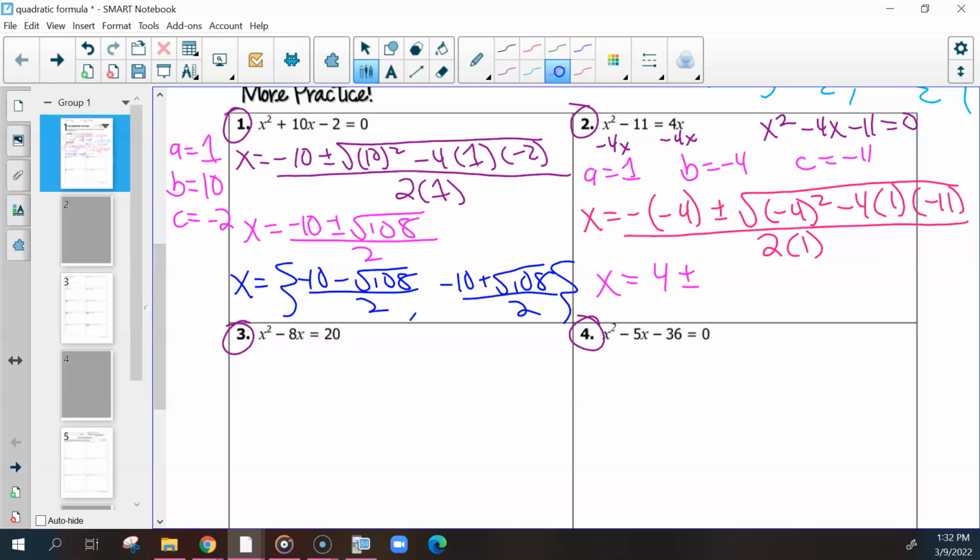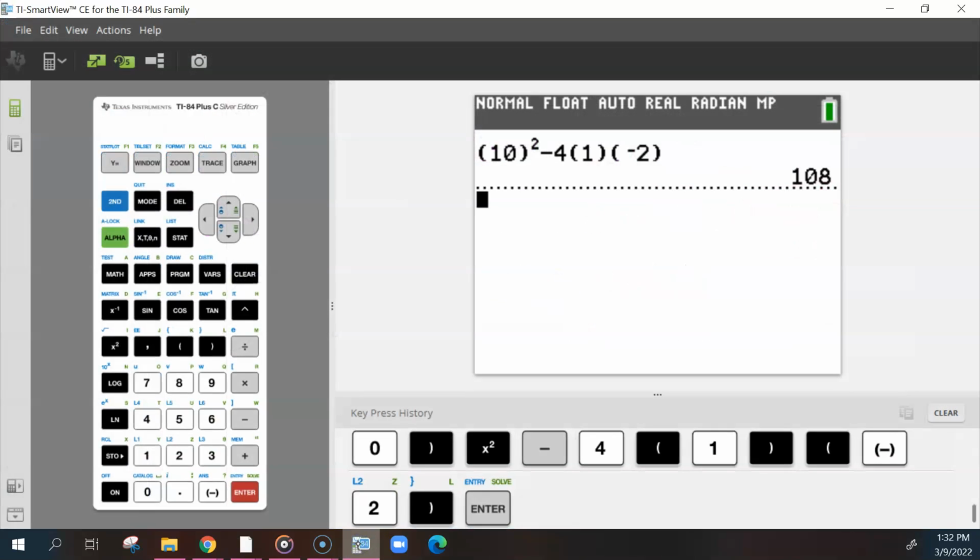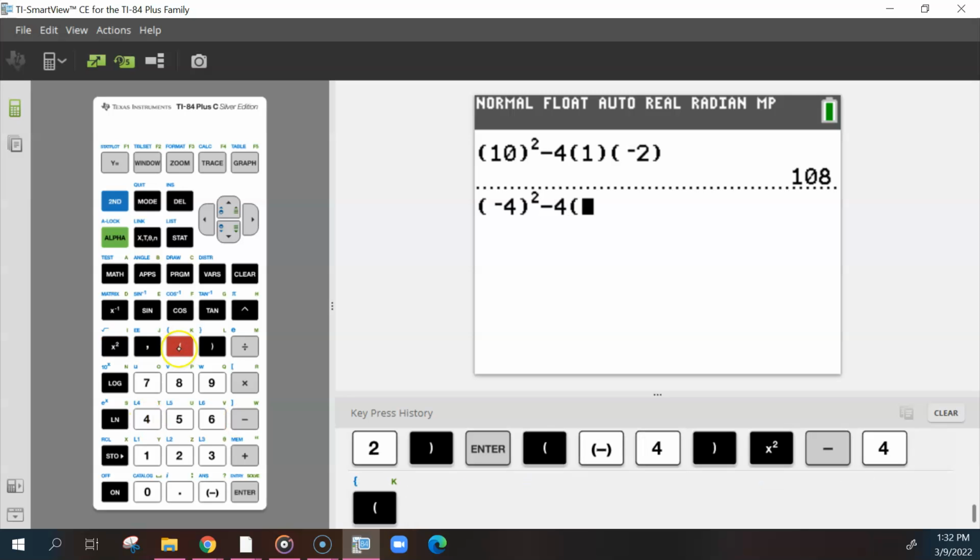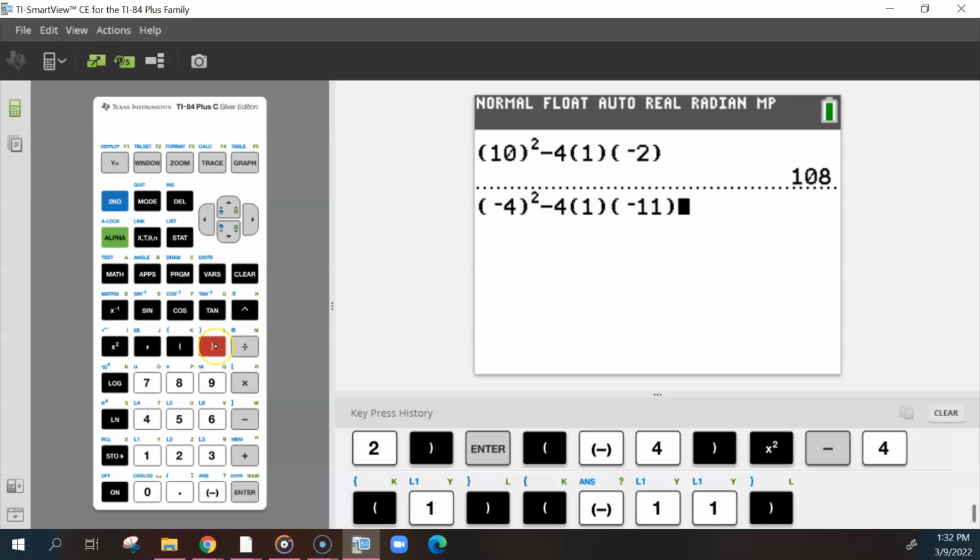We could put this inside, all in the calculator at the same time. Negative 4 squared minus 4 times 1 times negative 11. And then I could figure out what that is.